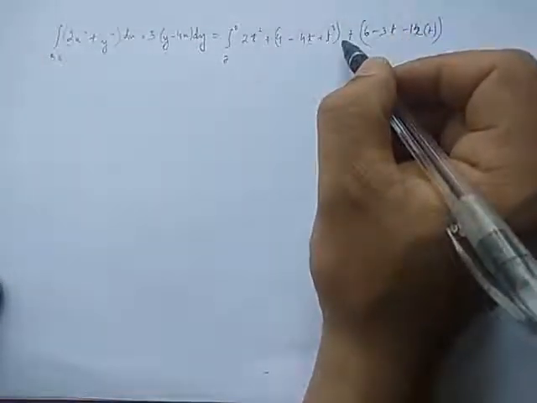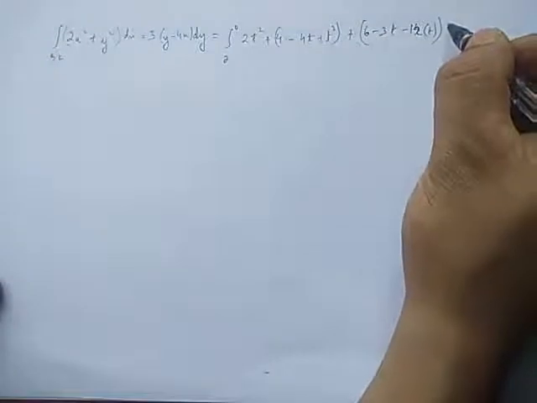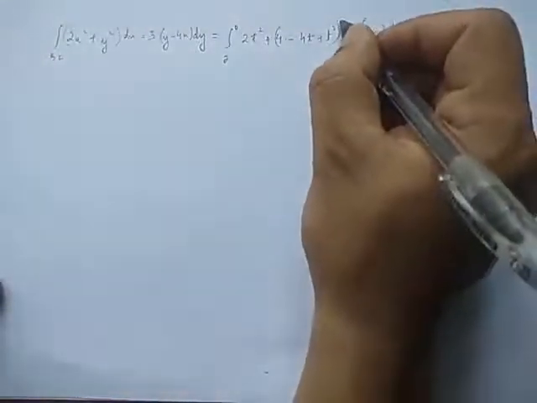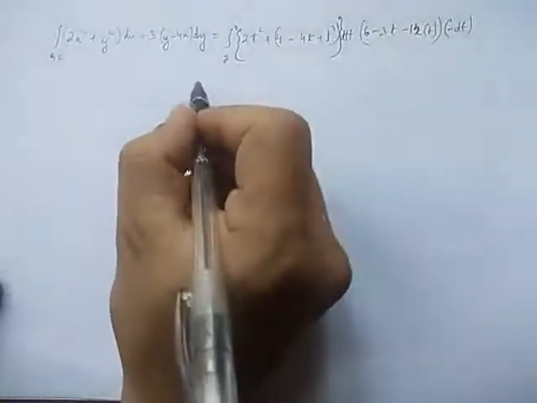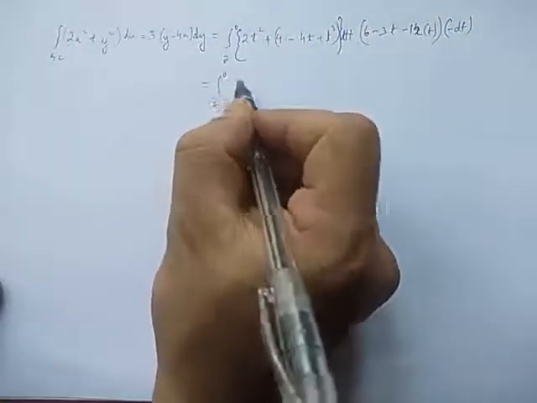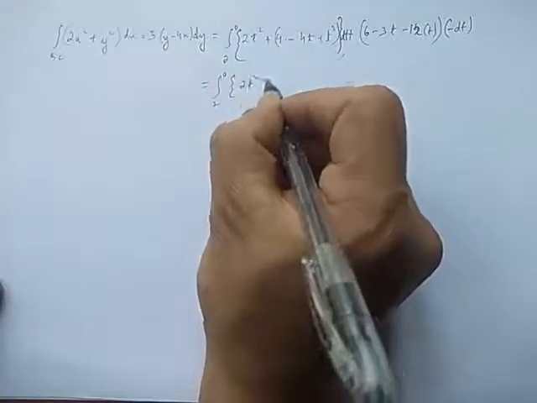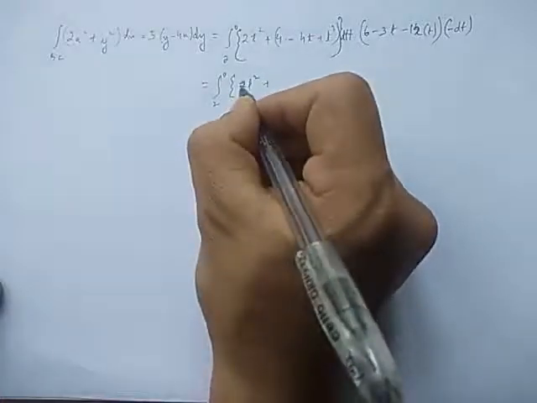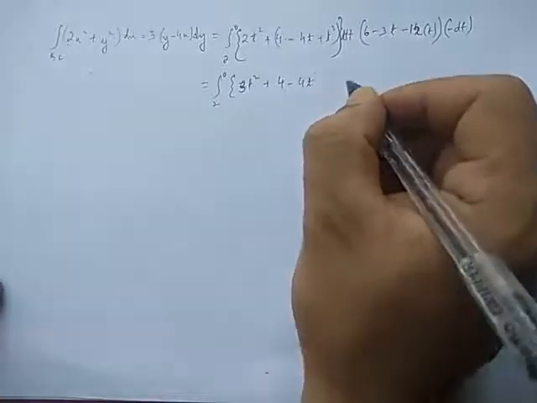Since we did not put dt here, we will have to change this one into dt, and this is minus dt. So this will be from 2 to 0, 3t squared plus 4 minus 4t.